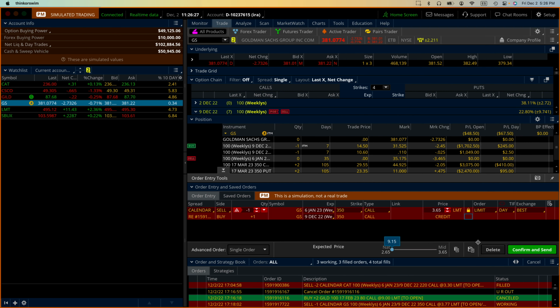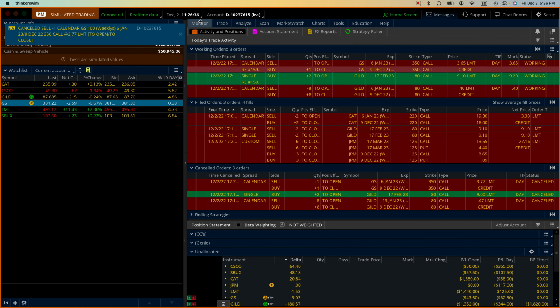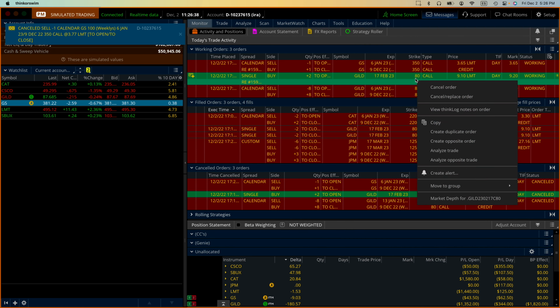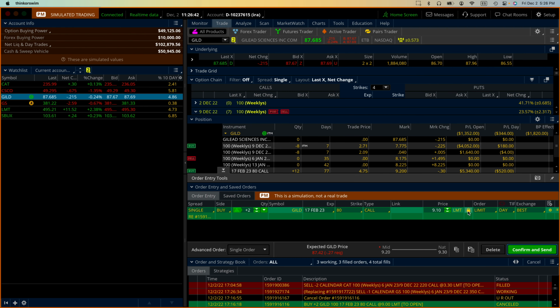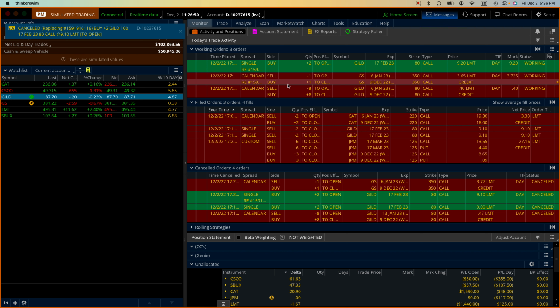Just unlock it and hopefully get filled at that price, 365. And the Gilead, I'm gonna pay the 920 if it will take it. Just put the mid and give it a chance to work.